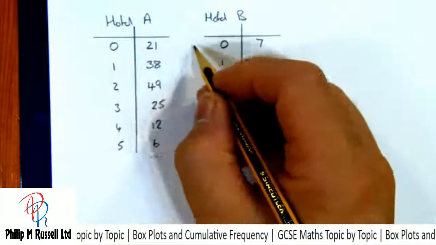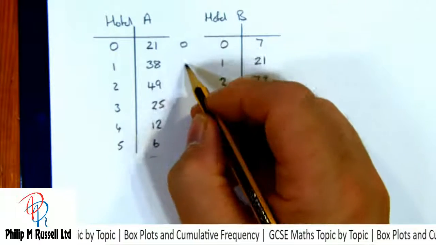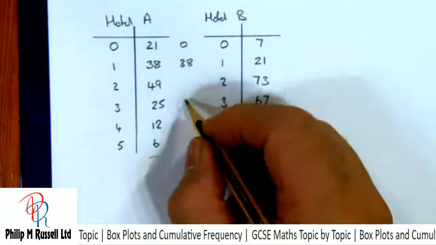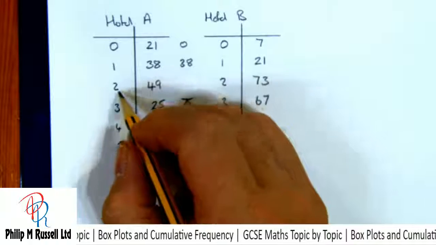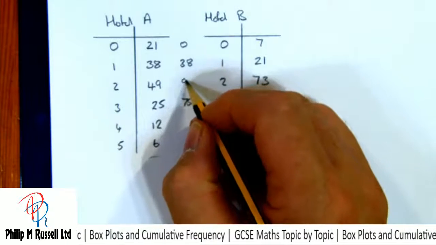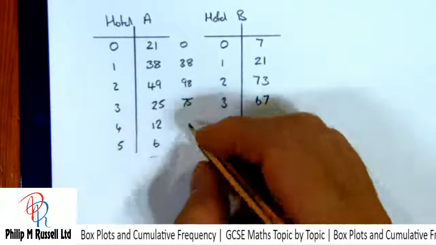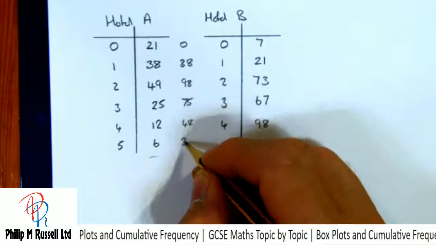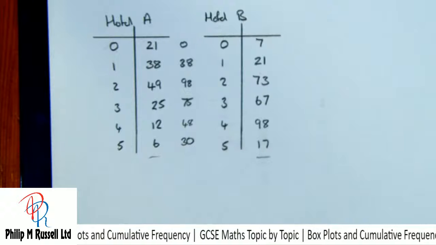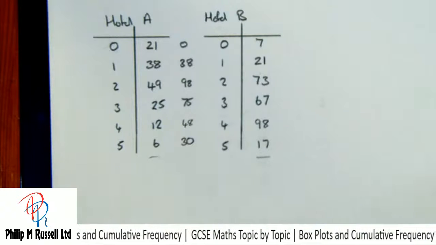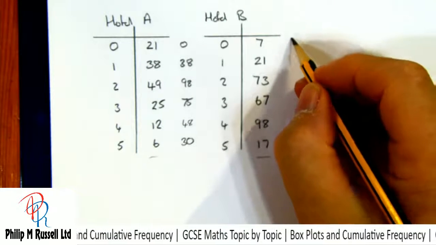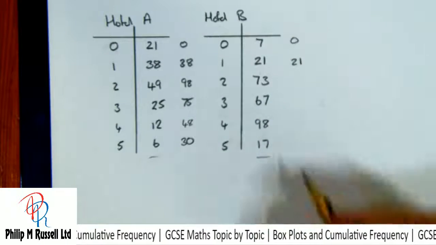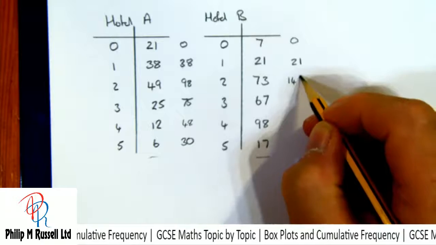So 0 by 21 is going to give me 0, 1 by 38 is going to give me 38, and the rest of these are going to get harder for me to work out. So 2 49s are 98, 4 12s are 48, and 6 5s are 30. I wish I'd chosen some nice numbers for the other one, but we've got 0, 21, 2 73s are going to give me 146.